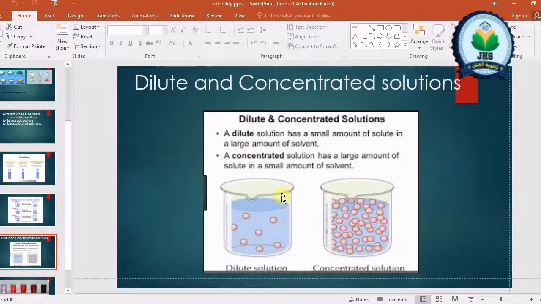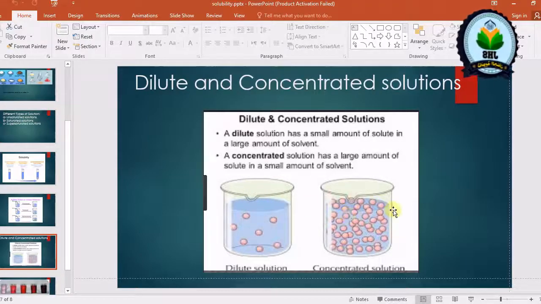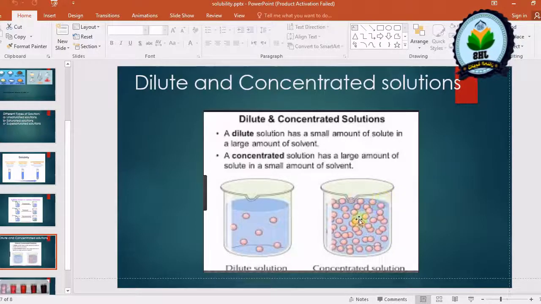I added 1 teaspoon of sugar, so it has a small amount of solute in a large amount of solvent. In the second beaker, I add 10 teaspoons of sugar in the same amount of water. So it becomes more concentrated, more sweet.